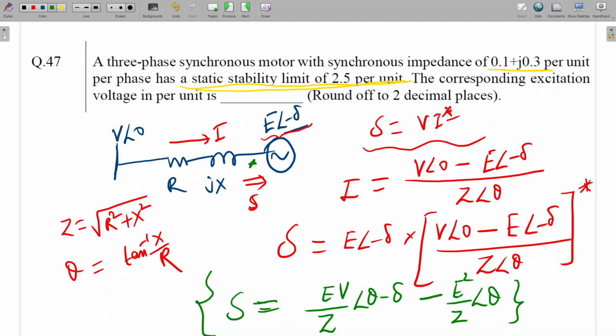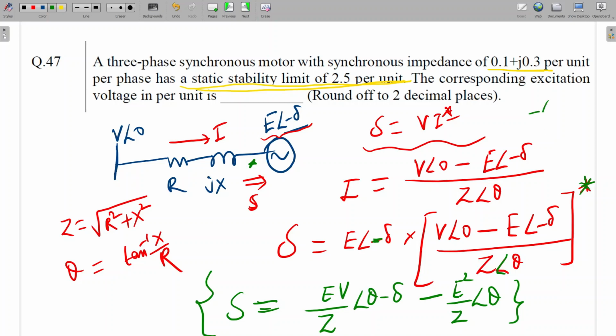Sir, when we multiply this E angle minus delta with minus E minus delta, then the angle vanishes? See what will happen. So this is Z angle theta. Without conjugate, before conjugate, what will be the angle of this portion? It will be minus delta minus theta.